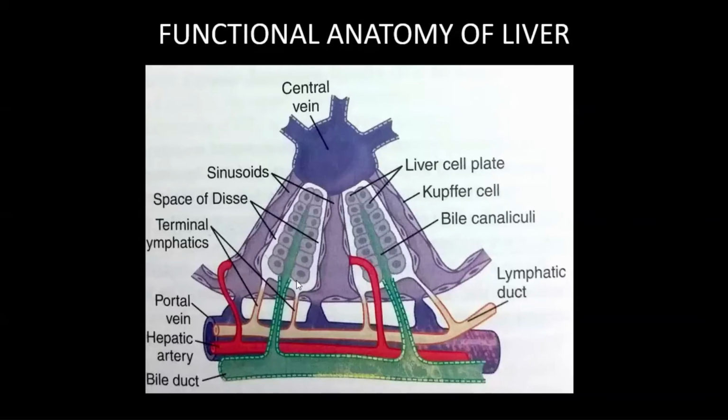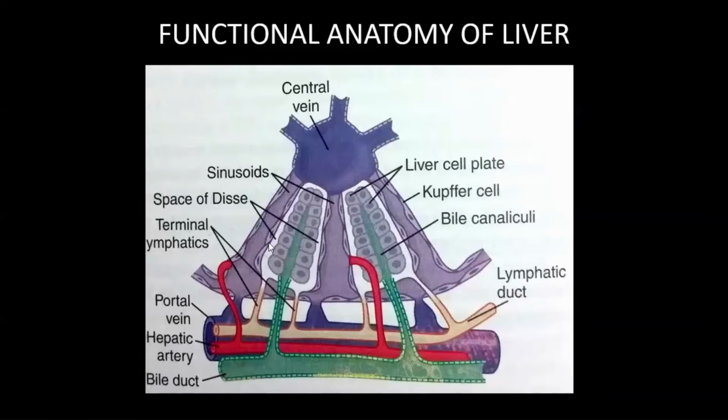And the venous blood from the GIT is collected by the portal vein, and it also opens into the liver sinusoids. This liver sinusoid is lined by special types of cells, that is, typical endothelial cells, and it is also lined by the Kupffer cells. The function of the Kupffer cell is engulfment of bacteria and foreign matter.